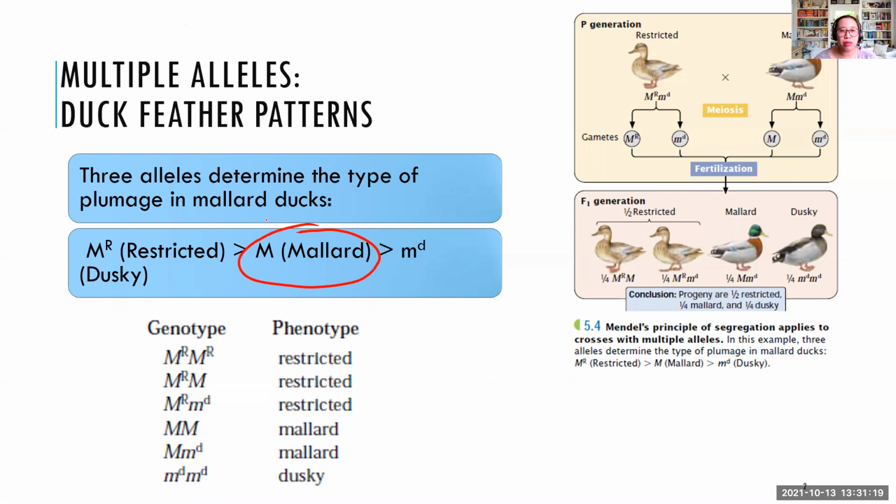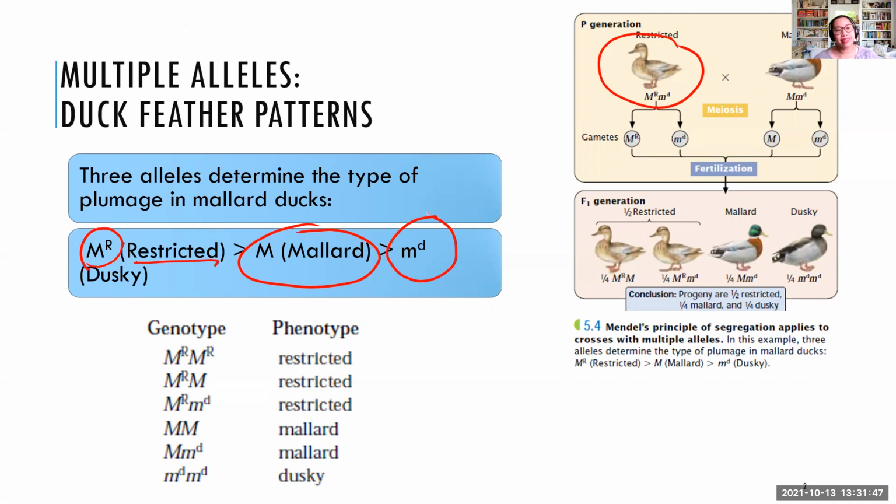So that's the common thing, mallard ducks. But another allele, M with a superscript R, gives you another phenotype which is restricted. In this picture, that's the brown one. And then without the uppercase M and the uppercase M with the superscript R, you have the dusky, which is the recessive allele.